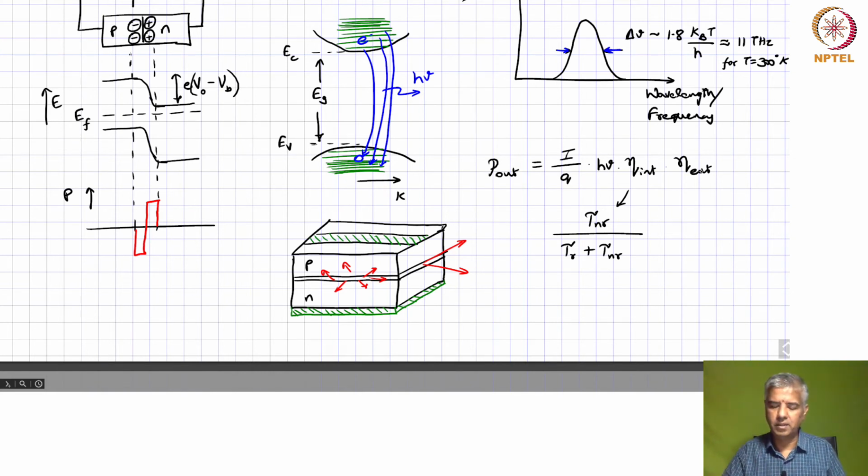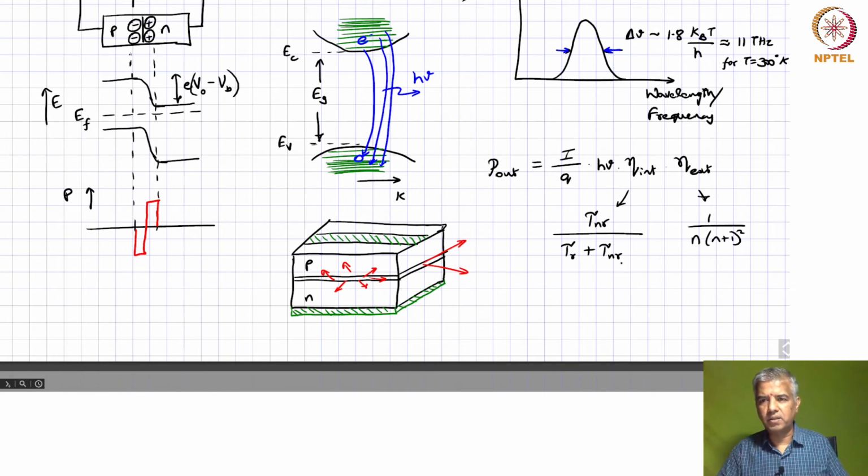Like I said, it defines the fraction of photons that are escaping from the structure. And that is typically given by 1 over n multiplied by n plus 1 the whole square, something like that.